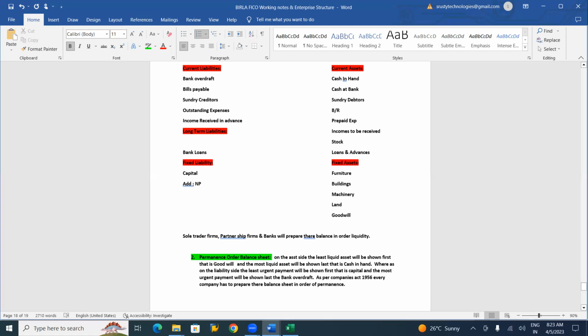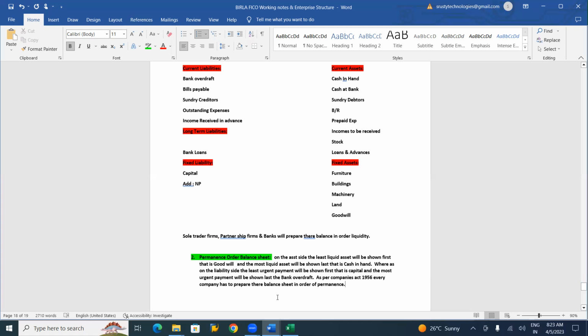Clear? So all companies will prepare their balance sheet in order of permanence, and all other firms apart from companies will prepare their balance sheet in the liquidity format.